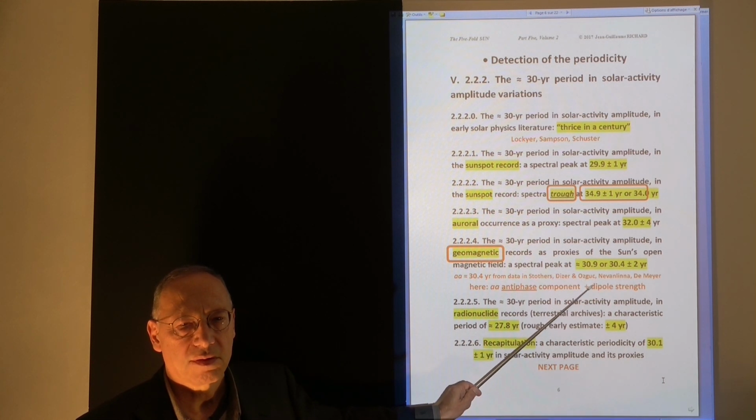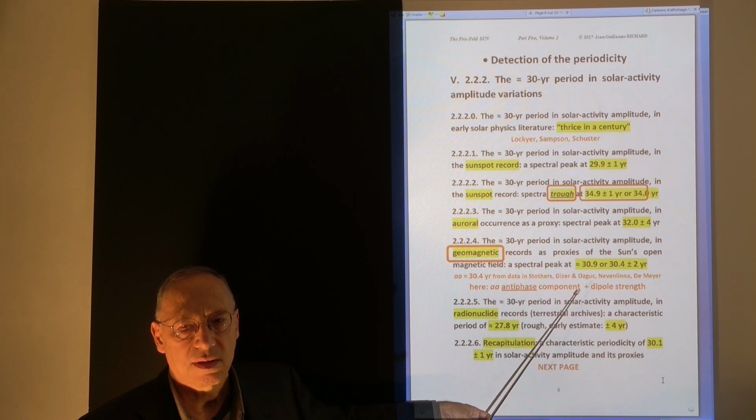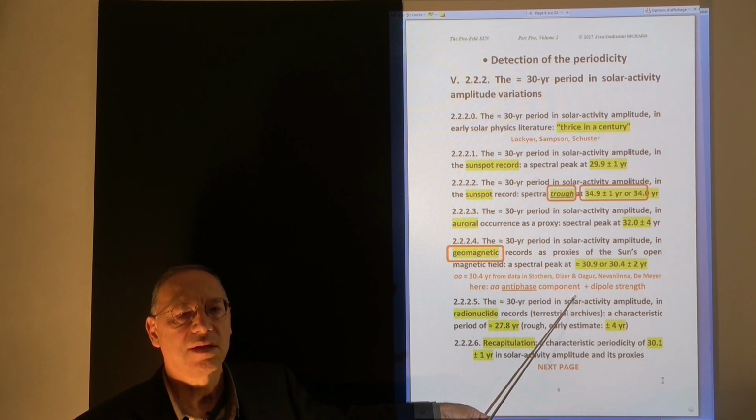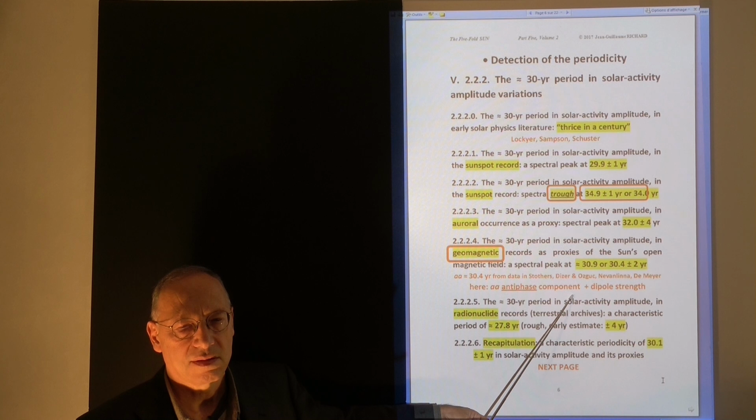We have many authors who explicitly found this approximate length. Here, however, we investigate more specifically in the AA geomagnetic index its antiphase component, i.e. the AA index net of the toroidal variations that are embedded in it, and also the variations in the dipole strength.